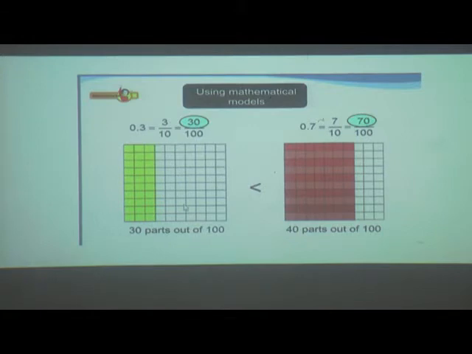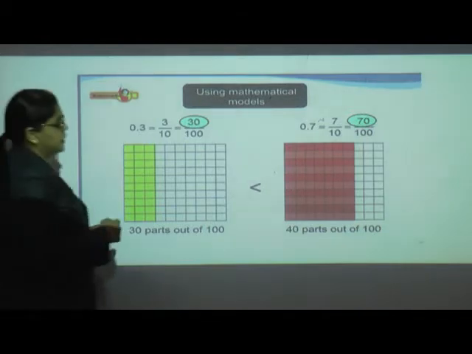Out of these 100 square boxes, here also the same 100 square boxes, here 30 parts out of hundred are shaded, means 30 small boxes are shaded, here 40 parts are shaded. Sorry, it is 70 parts, there is some mistake here, it is 70 parts shaded.